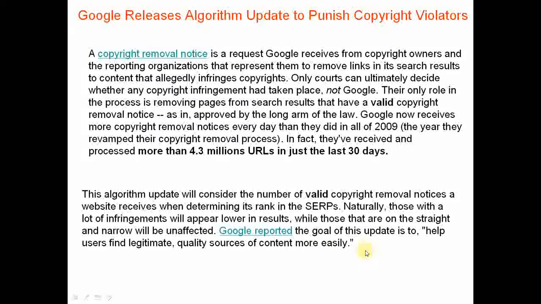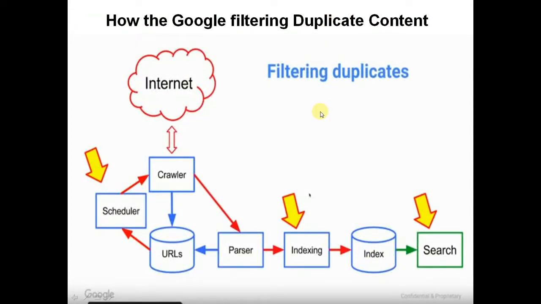Let's discuss how Google filters duplicate content. This is the process for filtering content. First, you write content and publish it on your website, and then your URL is submitted to webmaster tools. Webmaster tools captures this URL in the Google scheduler.